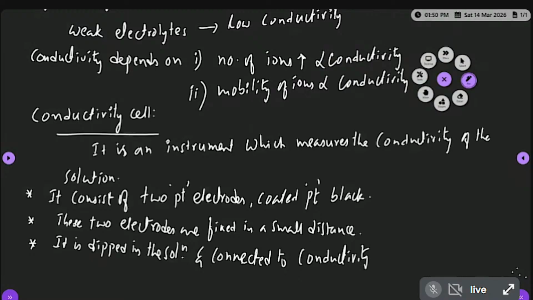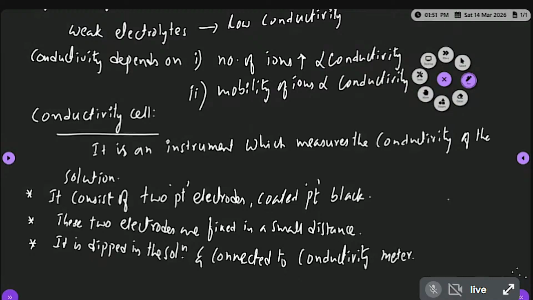So this is the conductivity cell. So conductivity cell is an instrument, or it is a glass electrode connected to the conductivity meter. It is an instrument which measures the conductivity of the solution.